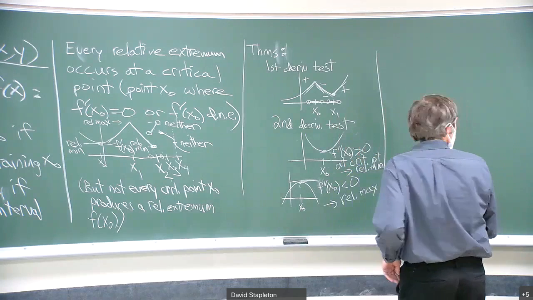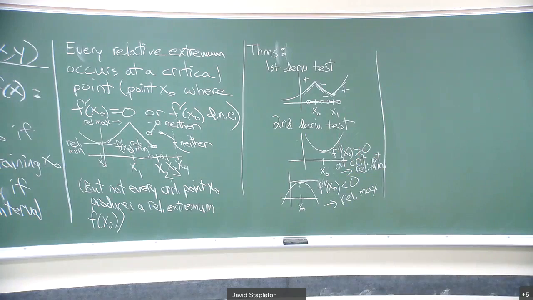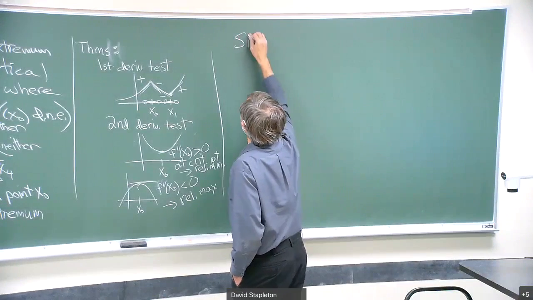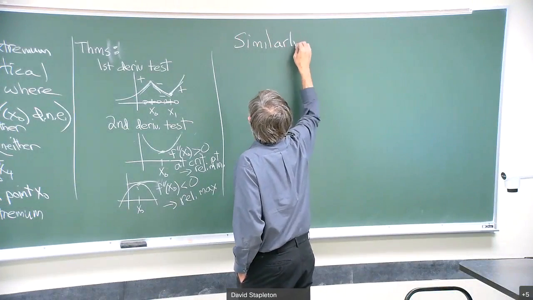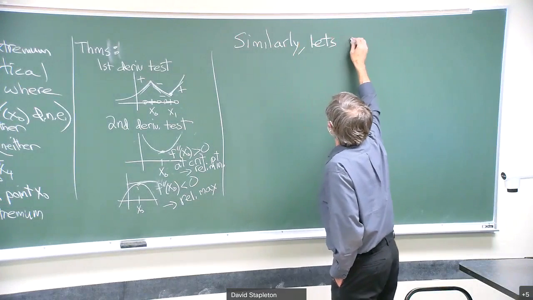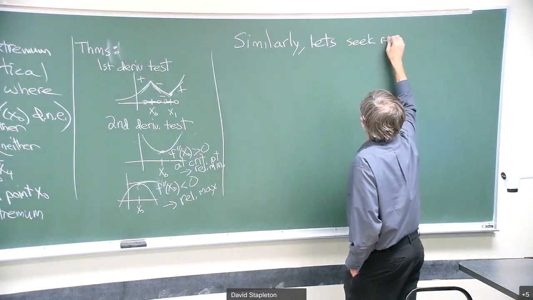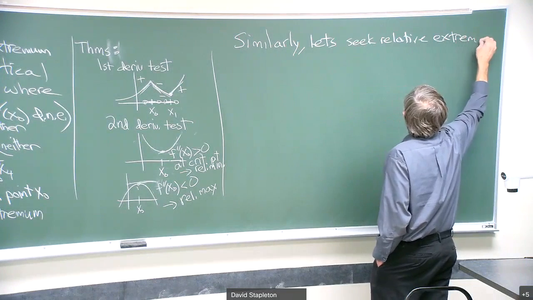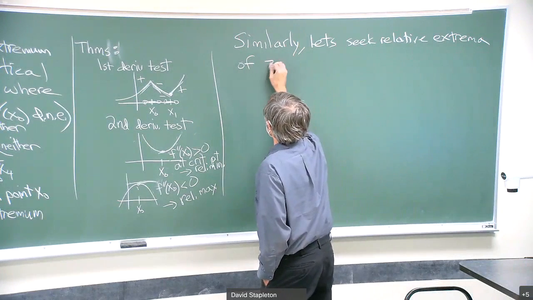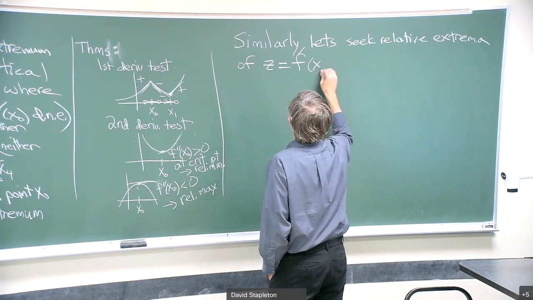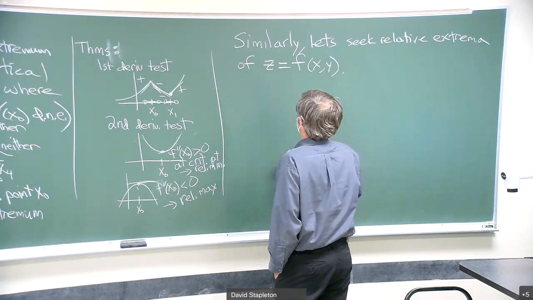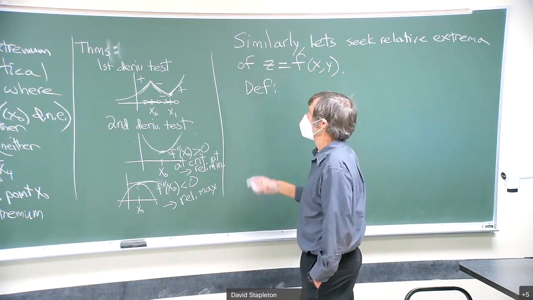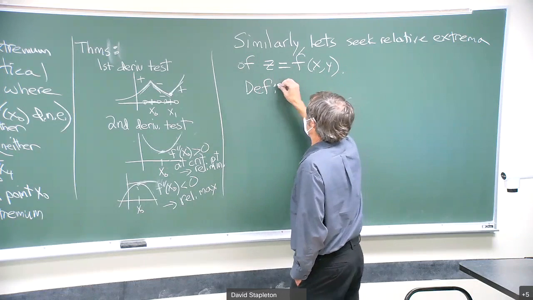So now we want to extend this to calculus 4. Say similarly, let's seek relative extrema of a function of two variables, z equals f of x y, in a completely analogous way. First, we need a definition, right? Here's the definition.